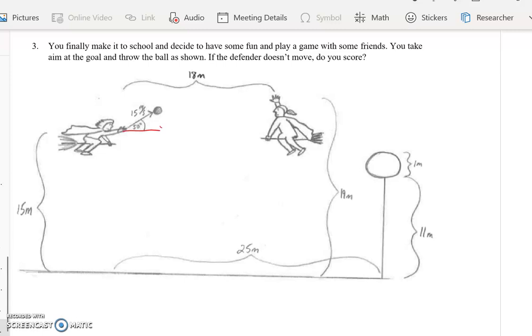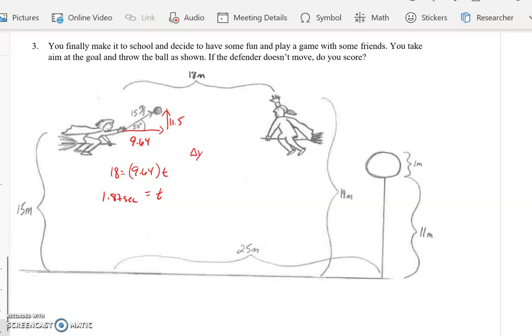So I'm going to break my throw into x's and y's. 15 sine, 15 cosine, using the angle, 9.64 for x. Now I know the range to the defender is 18, so I can do 18 equals 9.64t to get the time to the defender. 18 divided by 9.64 is 1.87 seconds. Now I can find the height of the ball at the defender's range to see if it goes over the hand.